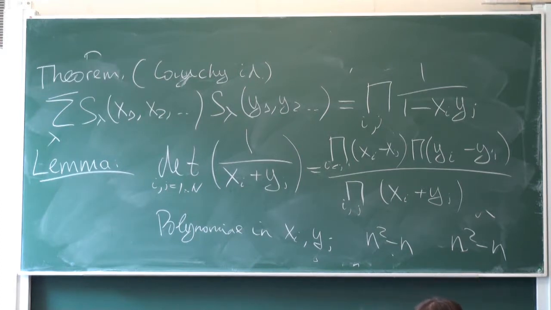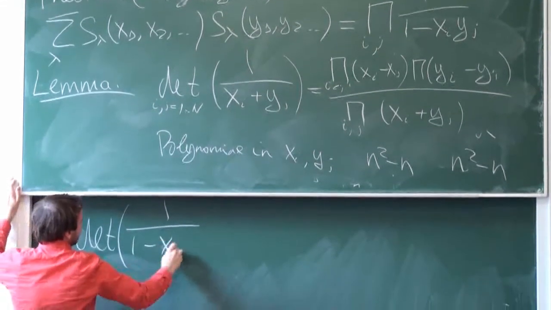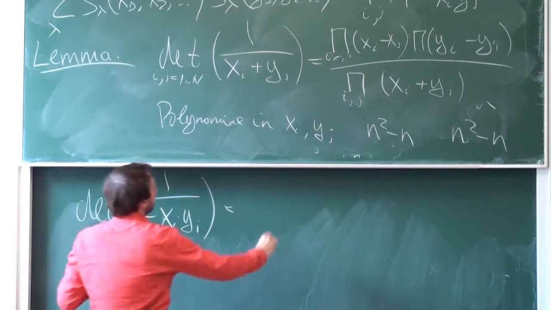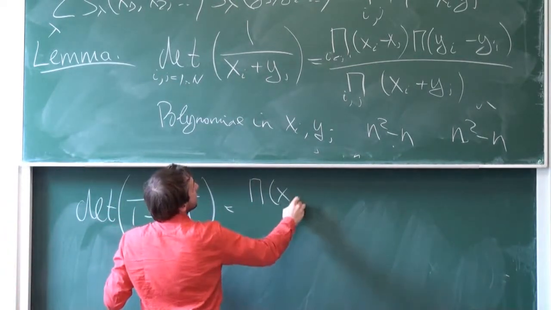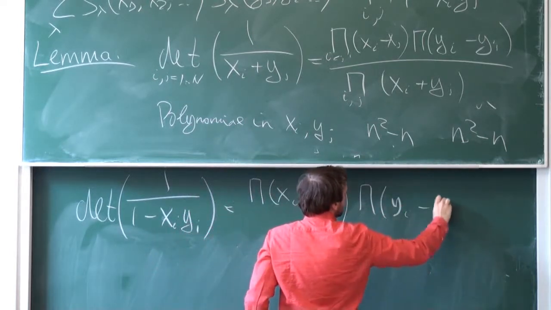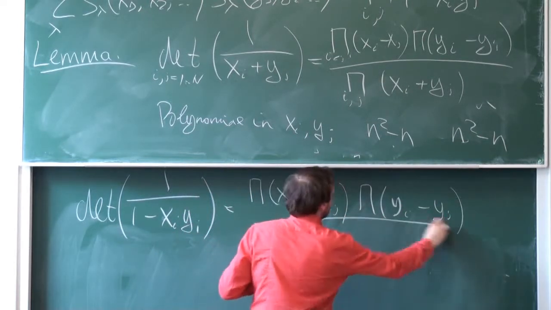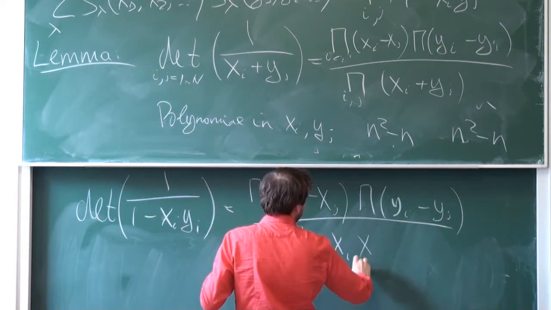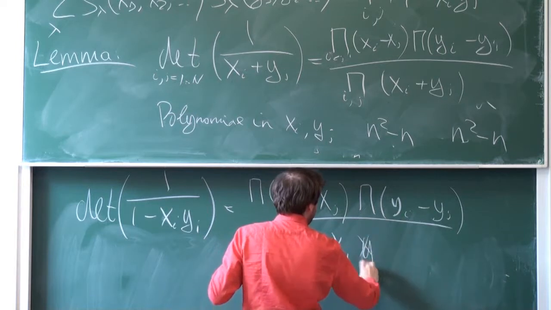Now you can rewrite this lemma in the following way. After some simple change of variables, you can write the determinant of 1 over (1 minus x_i y_j) is equal to, again, the same thing, the product of (x_i minus x_j), the product of (y_i minus y_j), and the product of 1 minus x_i y_j.